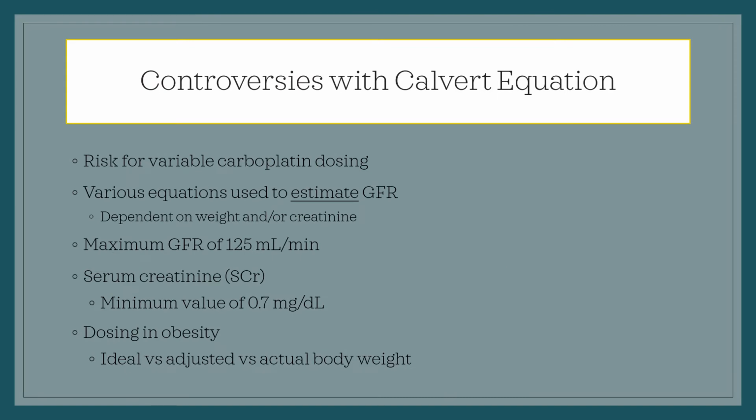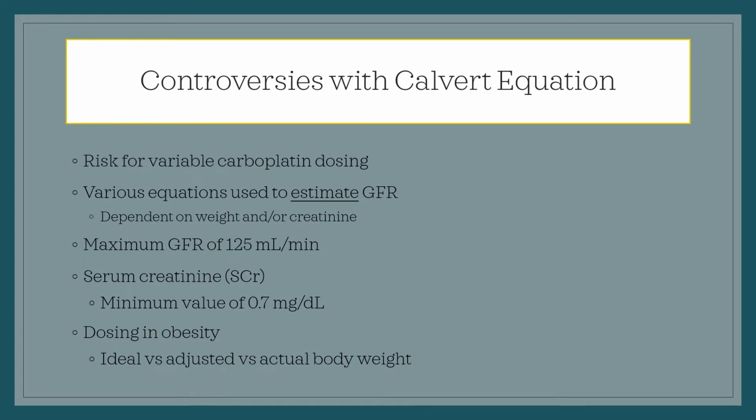There are also some general controversies with the Calvert equation, and of course all of these factors really are concerned about variables in dosing of carboplatin and what dose the patient actually receives. So there have been, as we talked about, various equations to estimate the GFR because a radiopharmaceutical and a precise EDTA measurement of GFR is not easy to obtain in clinical practice.